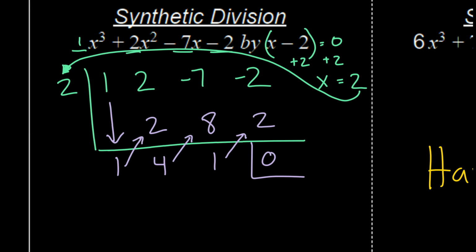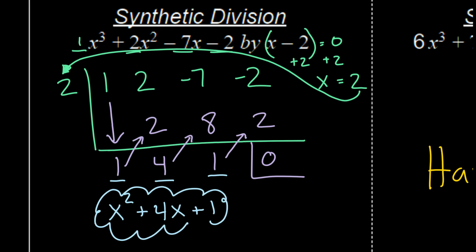So my coefficient on my first term is a 1, which is invisible, right? What is the coefficient on the next term? 4, and what's the variable? And then what's the coefficient on the last term? 1, and there is no variable. And is there a remainder?